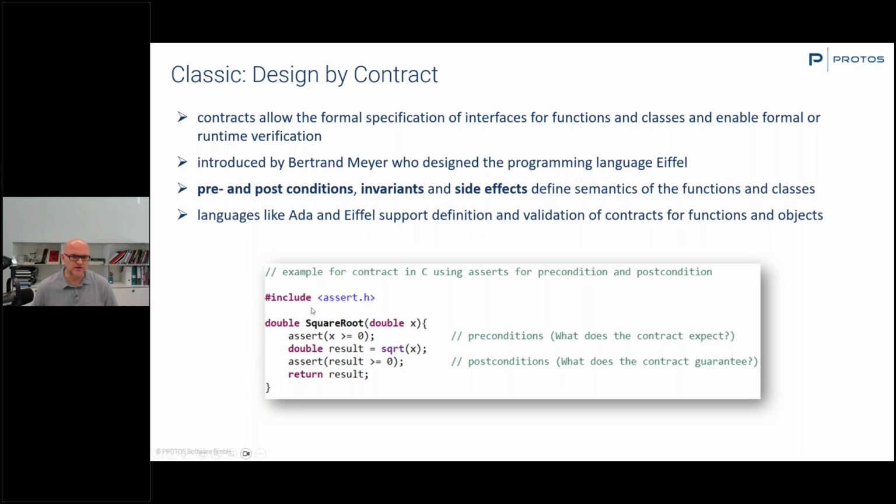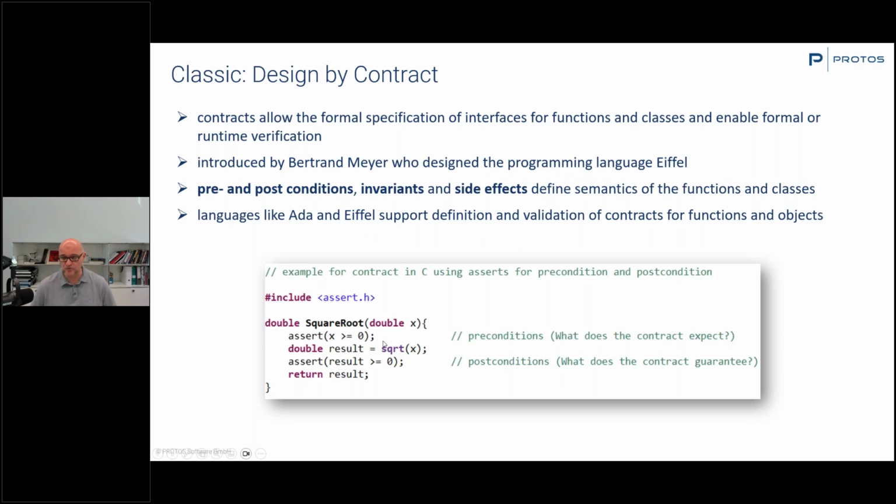In this case, for example, if you have a function like square root, you want to make sure as a precondition before you actually calculate the result that the argument is bigger or equal 0, because if it's below 0, you will have a division by 0 error. So your program might fail. In this case, the precondition checks the incoming parameter. Then you call the square root functionality.